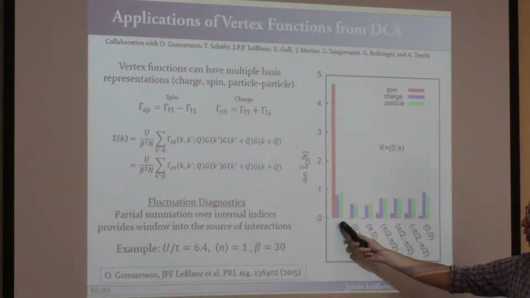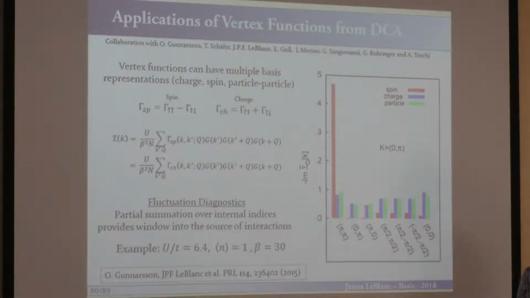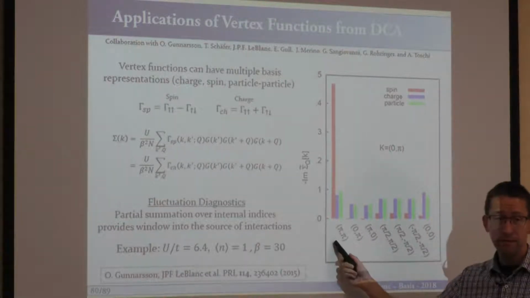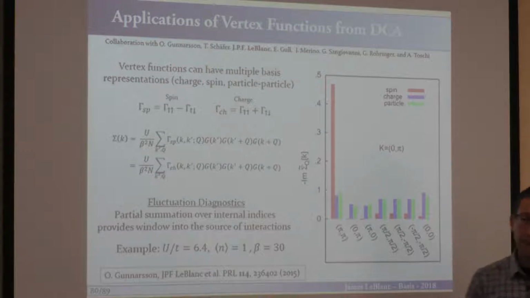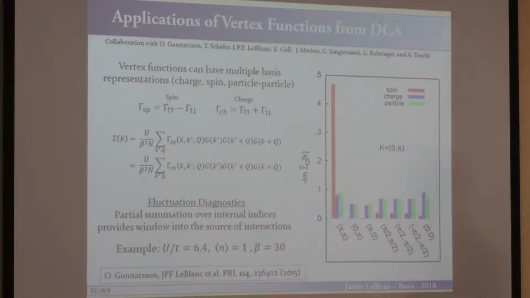Okay? All of the different Q vectors give about the same contribution. There's no special Q vector which is somehow important. But when we do it in terms of spin, we see that most of them are essentially 0 in comparison to the pi-pi spin fluctuation. And pi-pi spin fluctuations, if you look at that direction, are associated with antiferromagnetic fluctuations. So that's an antiferromagnetic state.